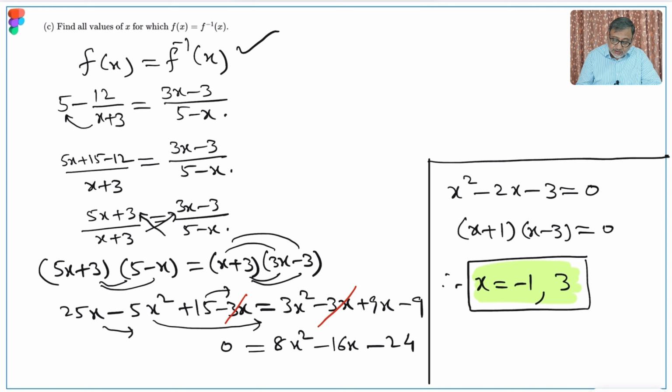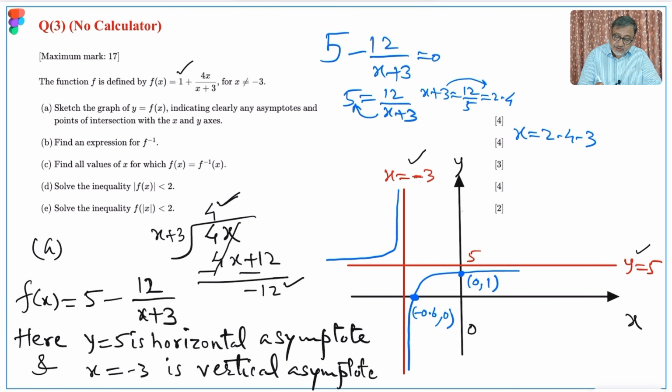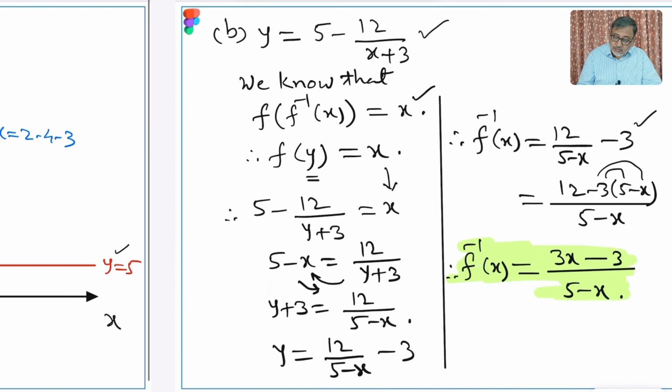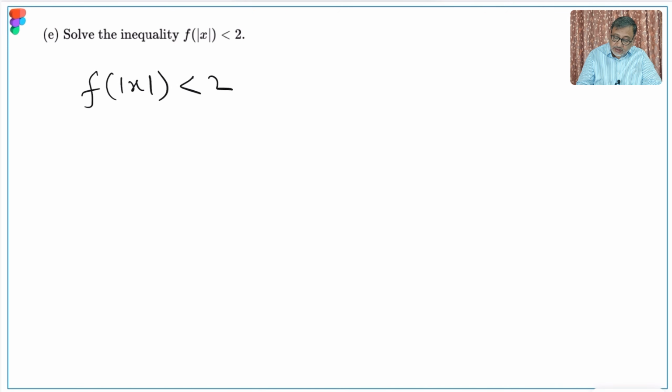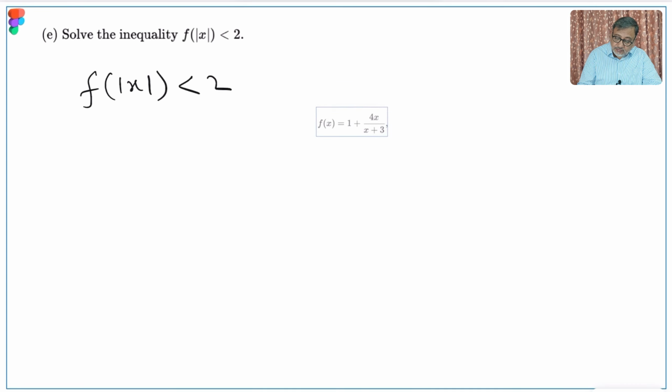Let me write the original function. I will copy the original function f(x) from here, put it there, and then put the modulus. This is the given function. Now everywhere I am going to put modulus wherever there is x, like this.